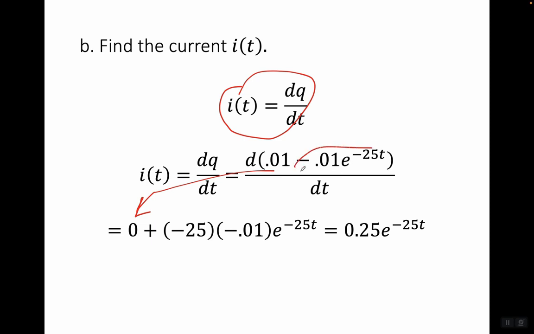And for the derivative of this hairy expression, recall that when you take the derivative of e to the negative 25t, you get e to the negative 25t, and the negative 25 is going to pop out front. So the derivative of what I've just circled is negative 25 times negative 0.01 e to the negative 25t, which simplifies to 0.25 e to the negative 25t. That is our formula for the current.